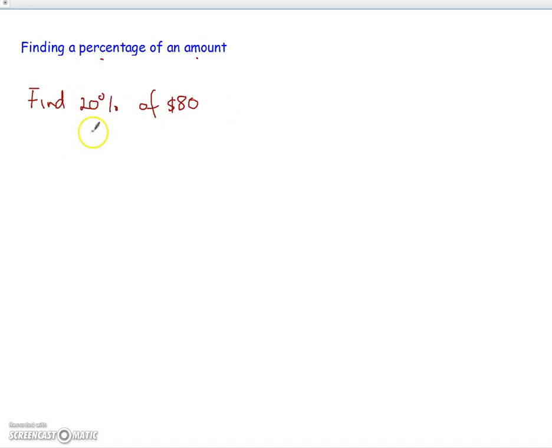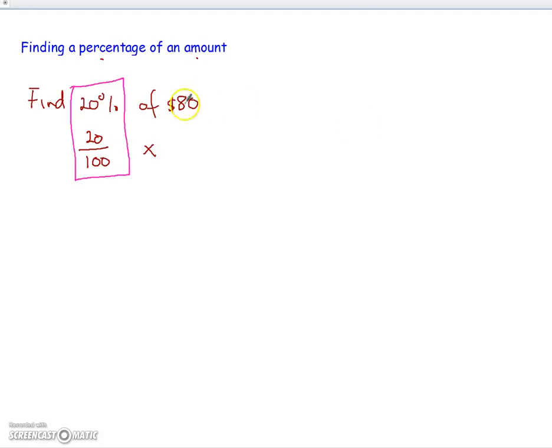First of all, 20% I know I can write as 20%. So all I've done is change 20% into 20 over 100. I'm going to, in maths, always remember that an "of" I change to a times.